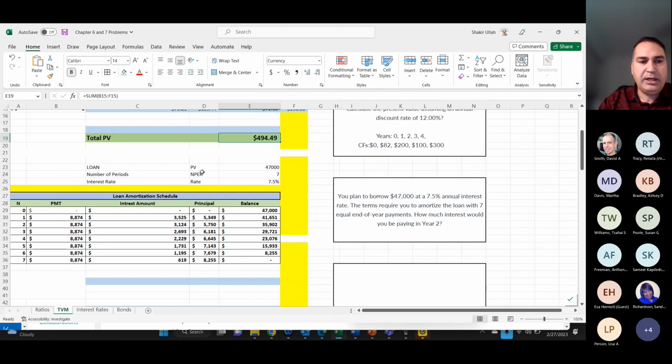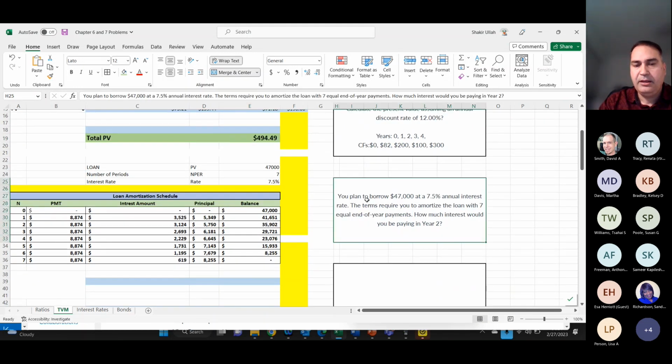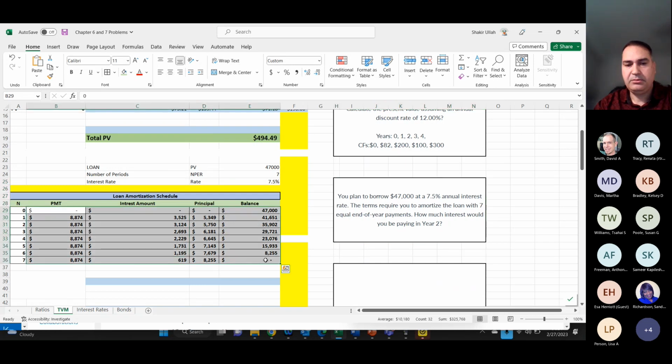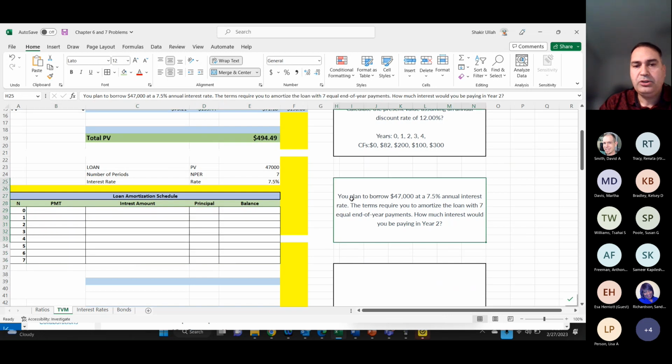Now going to the next problem, and you can expect these kinds of problems as well. So let me delete this table right here. You plan to borrow 47,000 at 7.5% interest rate. Okay, so that is the loan amount, and this is going to be the present value, right? Because you borrow it and you will have it right now. The terms require you to amortize the loan with 7 equal end of year payments.